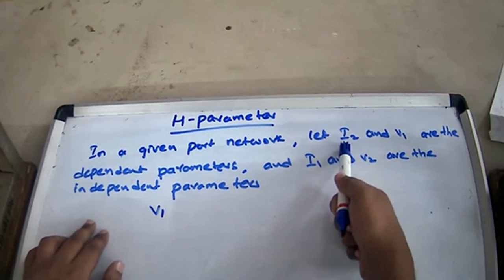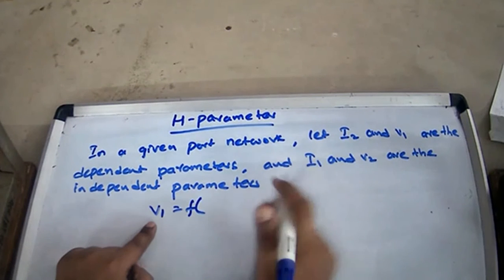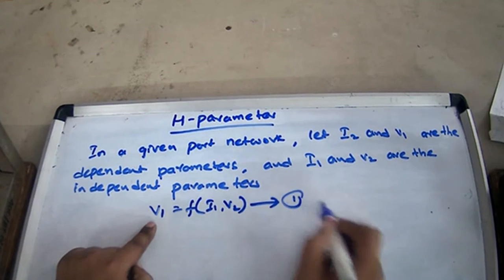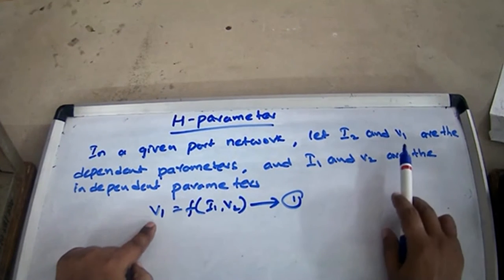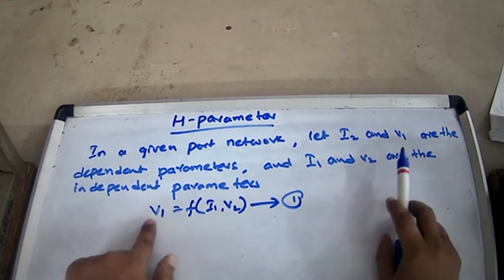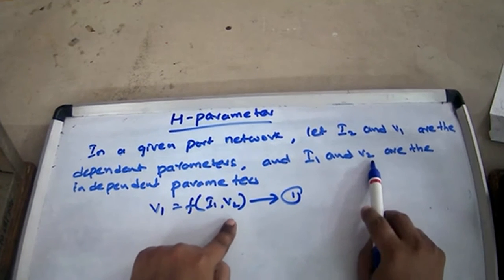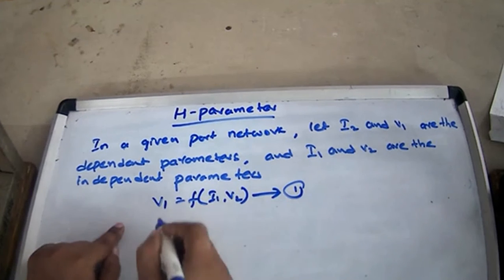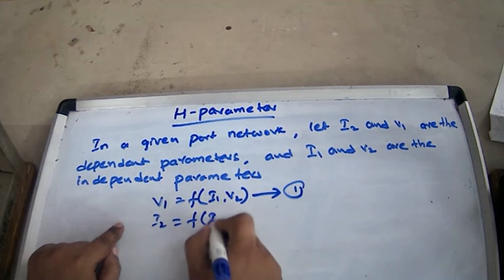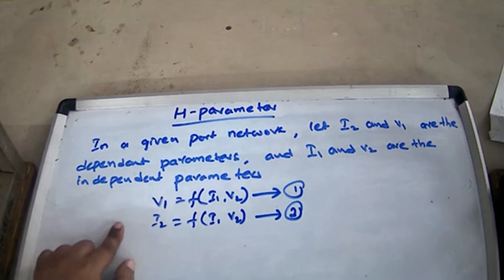So based on dependent only we'll write the function values. V1 is a function of I1 and V2. Say equation 1, because we always write dependent value as a function of independent values. So dependent V1 is a function of I1 and V2. Similarly, dependent I2 is a function of I1 and V2. So this is our equation 2.